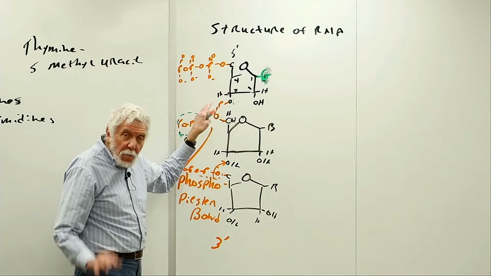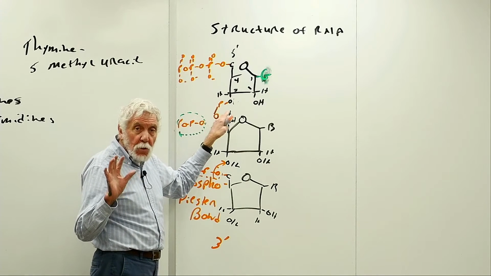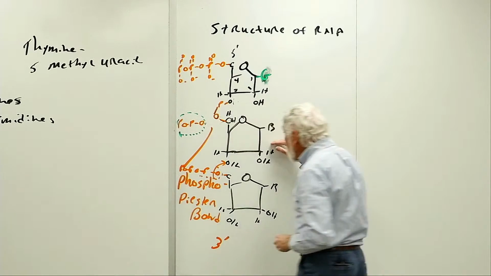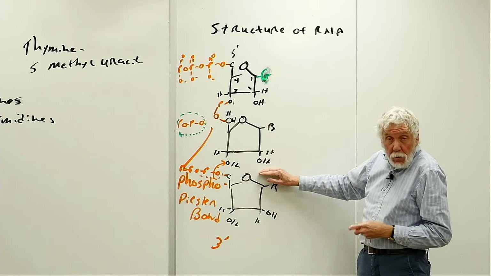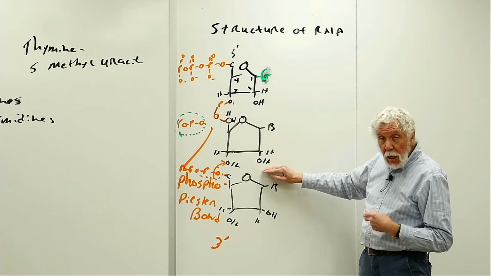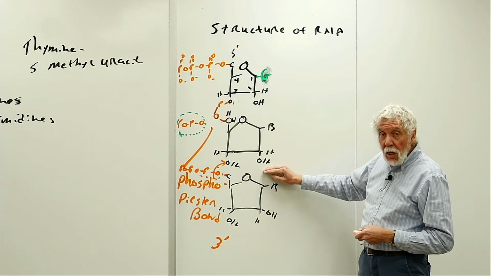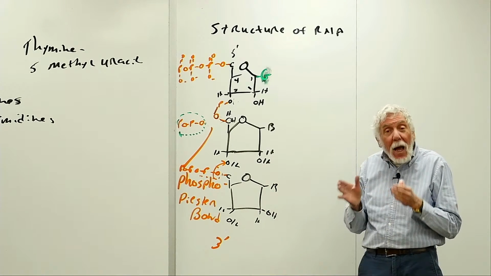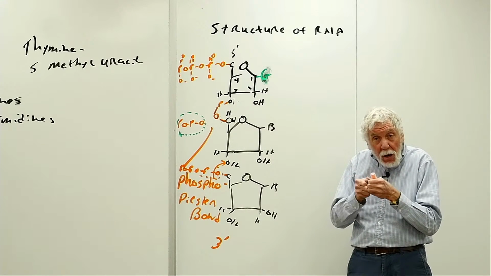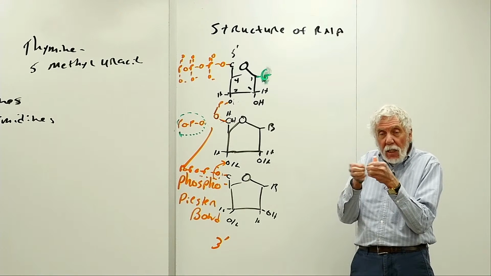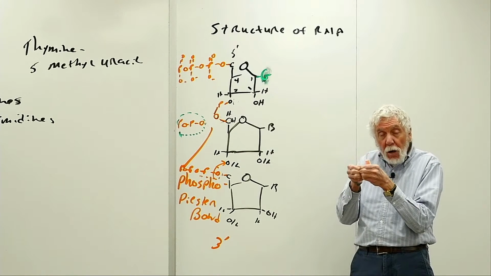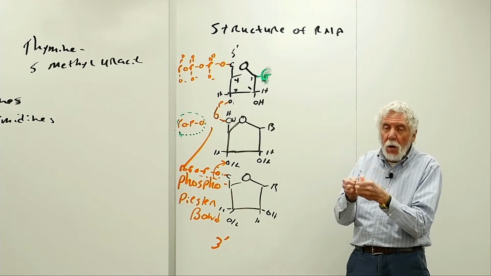Now, yesterday, one of the big pieces we talked about was the fact that when we were using deoxyribose, because we lacked this hydroxyl down here, instead had only a hydrogen, and because we were using thymine instead of uracil, we could get this regular pattern of base pairing in the middle of the molecule. The 2 strands of the DNA would be held together by the base pairing, and that was a remarkably stable molecule.